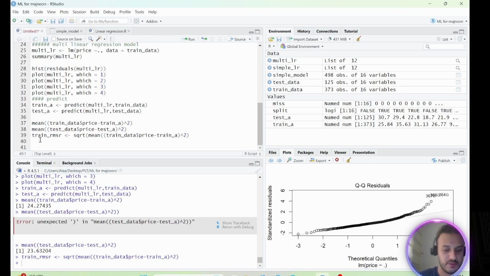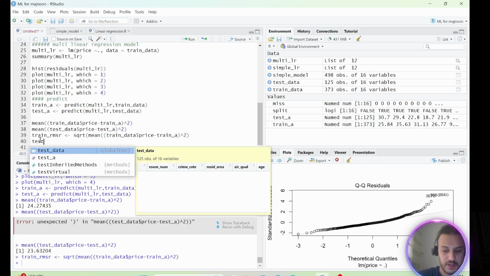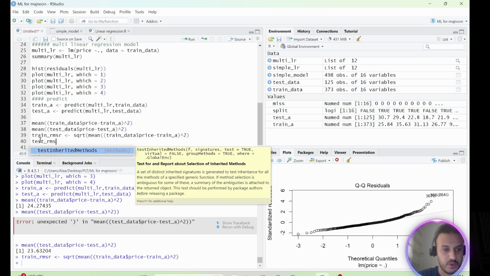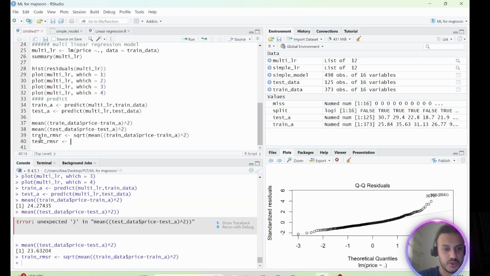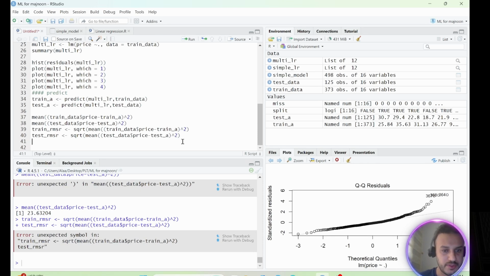Now I give it my test root mean square error, which is equal to the square root, and then I give it my test mean. Now I will get the root square for my data, so it's easy to check and interpret.